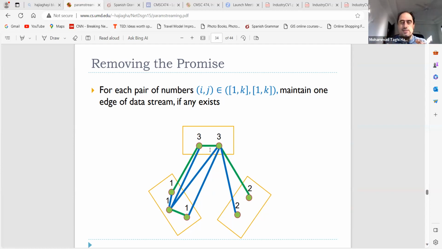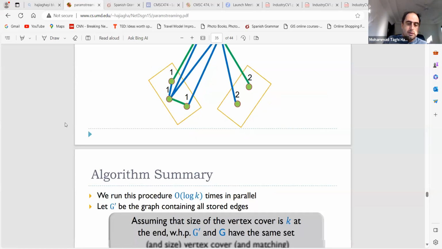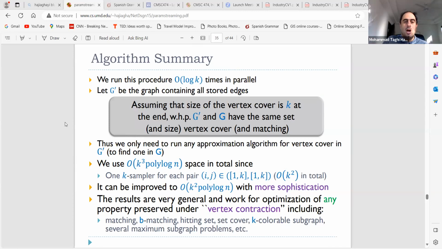That's the way that I'm doing that. So these n vertices, I just hash them into these colors, and that will be consistent. Now, for any of these pairs, I will keep one edge of the data stream. And I will do this not only one time, but log k times.